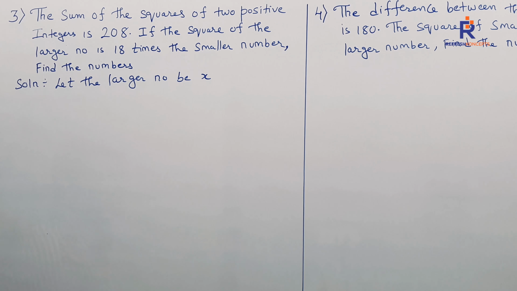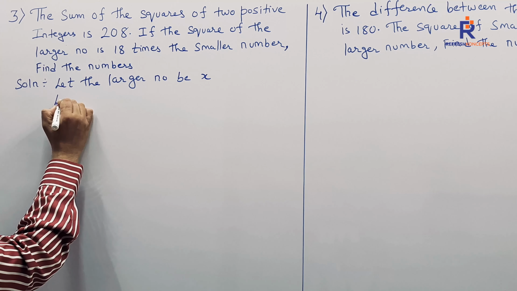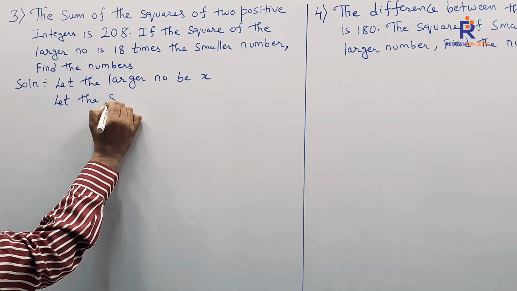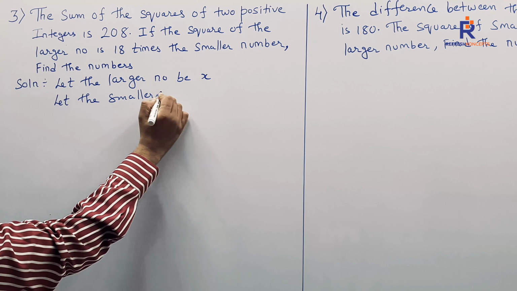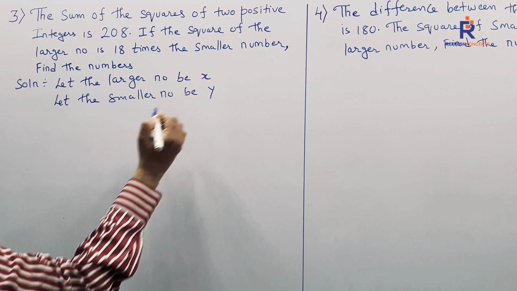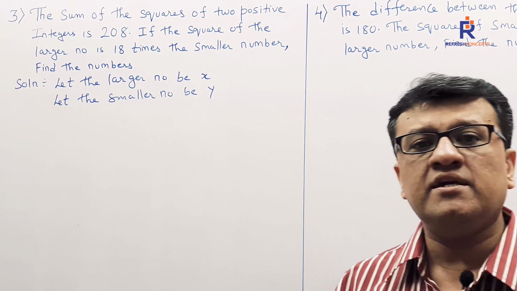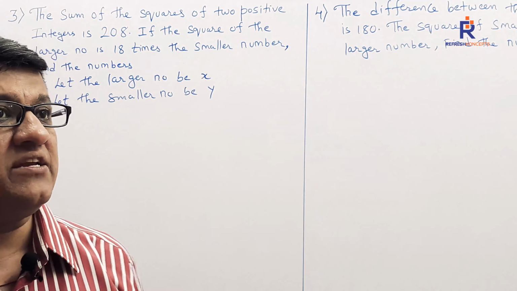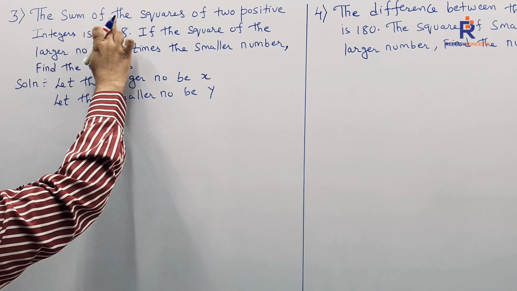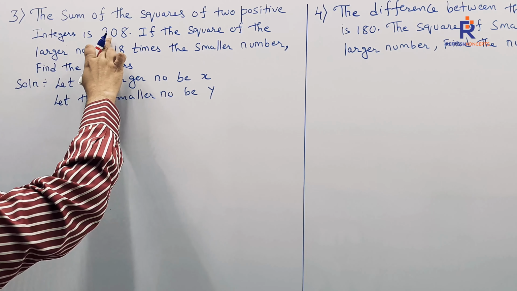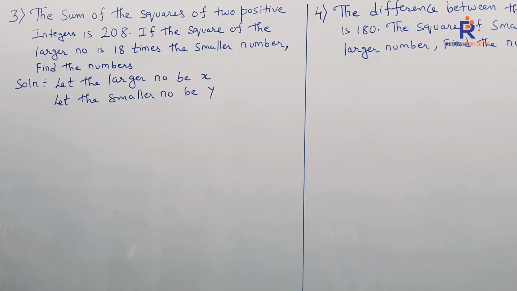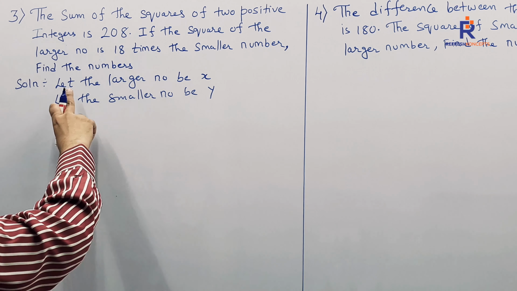So our solution says, let the larger number be x, and let the smaller number be y.